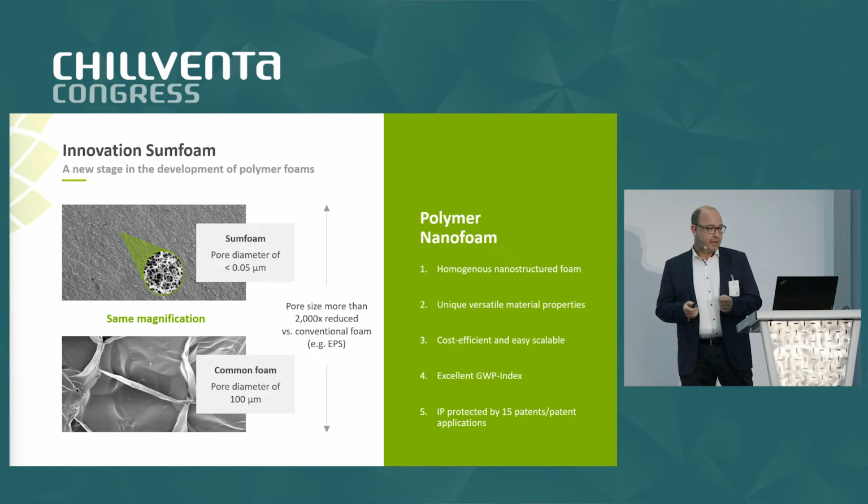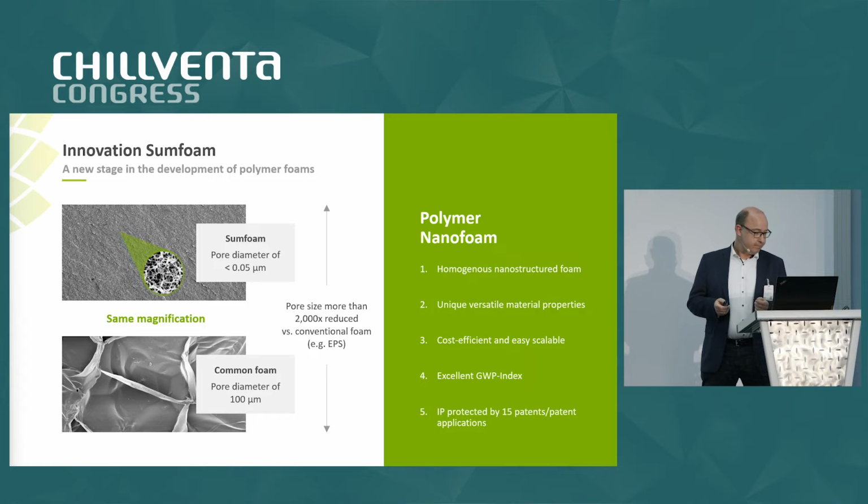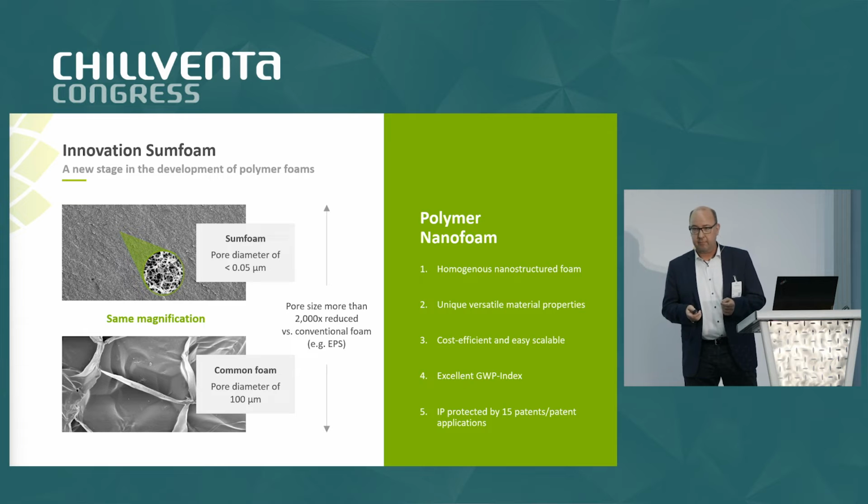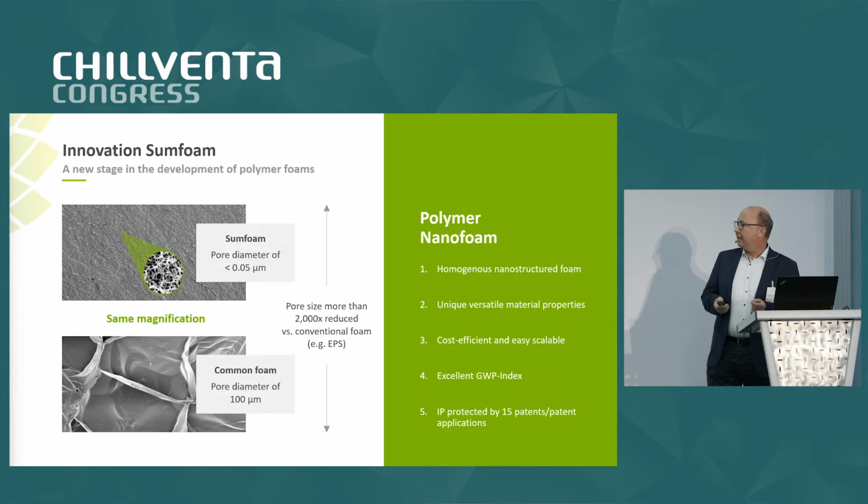And that makes a direct transfer of the heat not possible anymore. The transfer via cell gas is the most important and the main factor for the efficiency of the thermal conductivity.